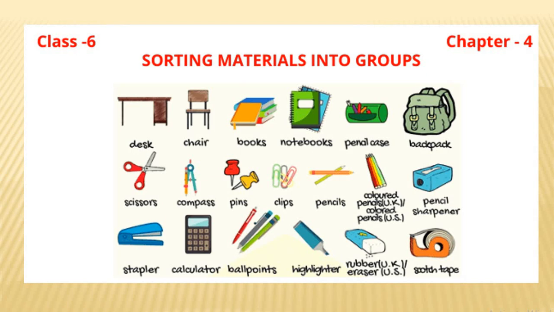For example, you can see here in the picture there are different categories of materials: desk, chair, pens, highlighter, scissors, stapler, and so many other materials kept on this page. We can sort these materials into different groups on the basis of different properties.